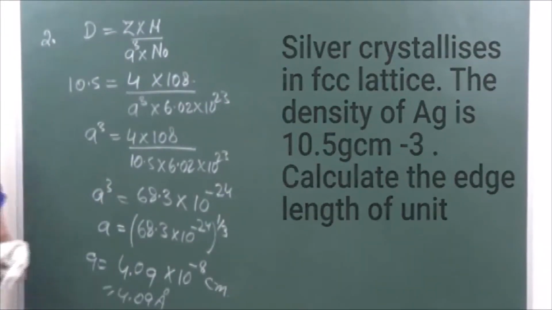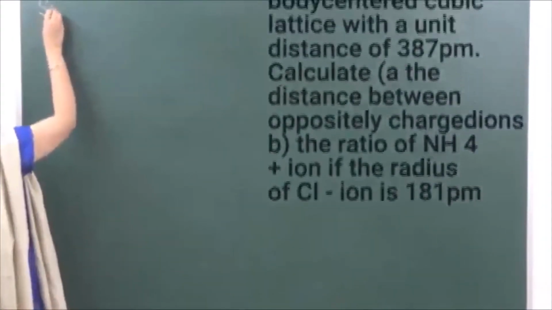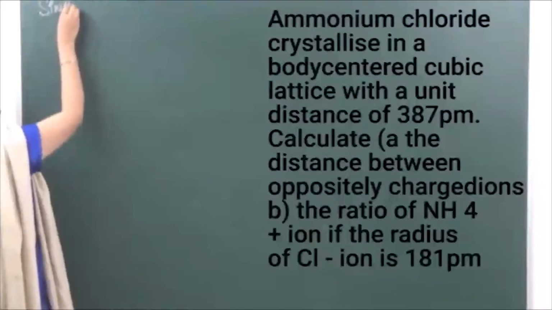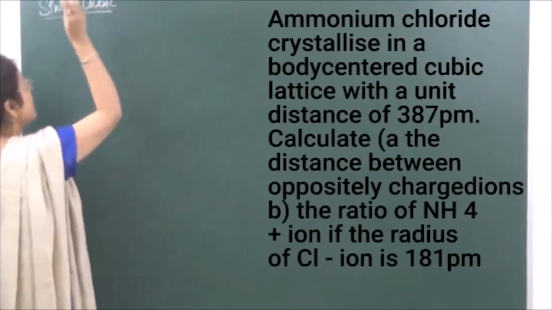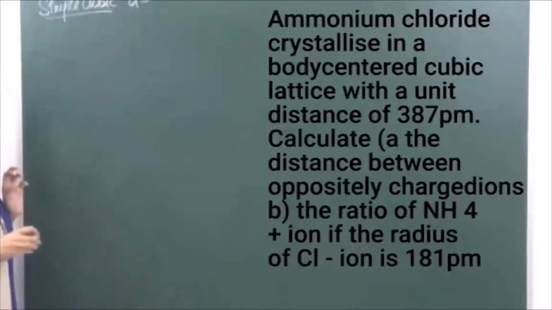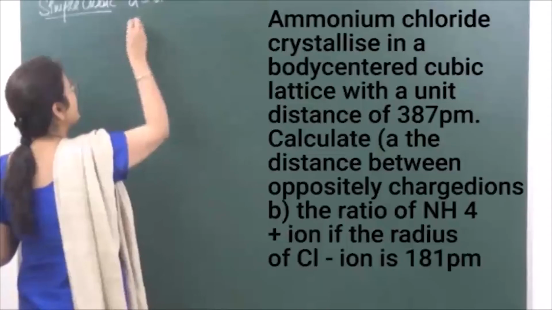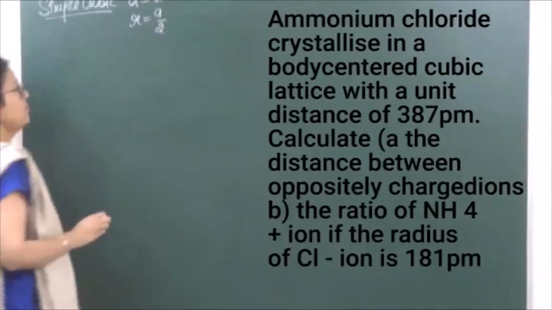But before that, let's take a recap of the formula which we had done. क्या था? एक टेबल सा हमने किया था for simple cubic. The nearest neighbor distance D is equal to A, and R is equal to A by 2, right?